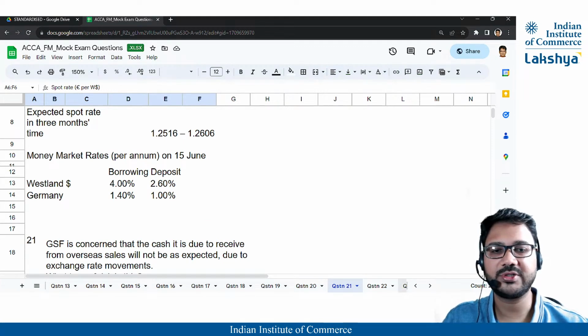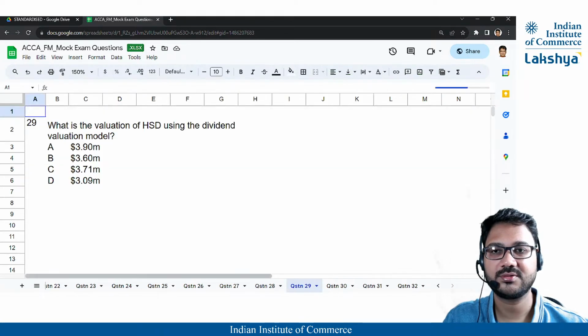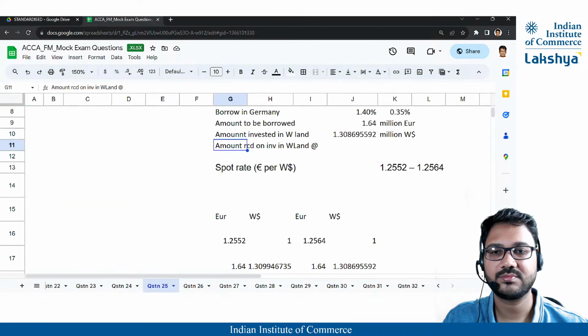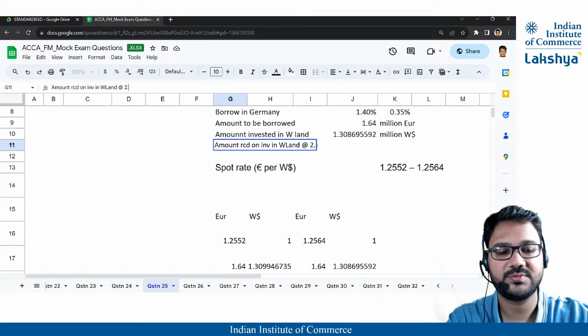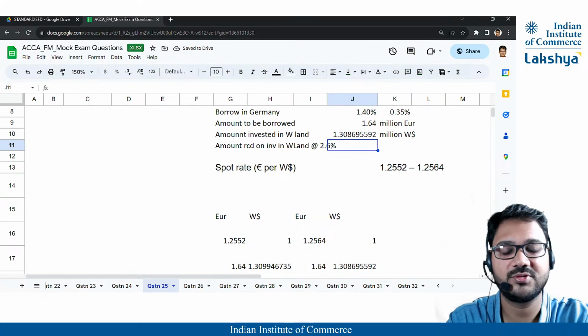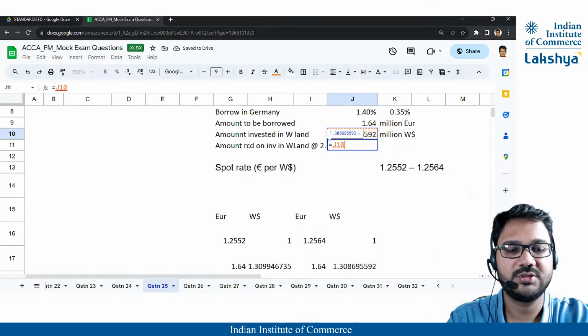So Westland deposit rate is 2.6%. Again, you are doing it only for 3 months. So put this into 2.6%.